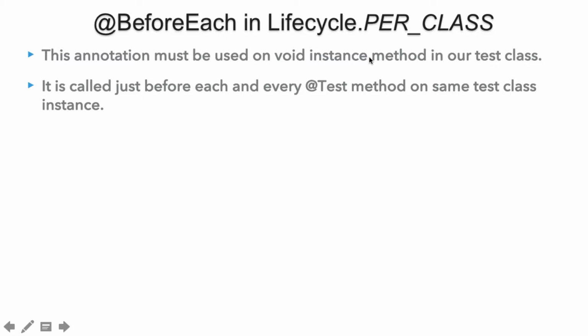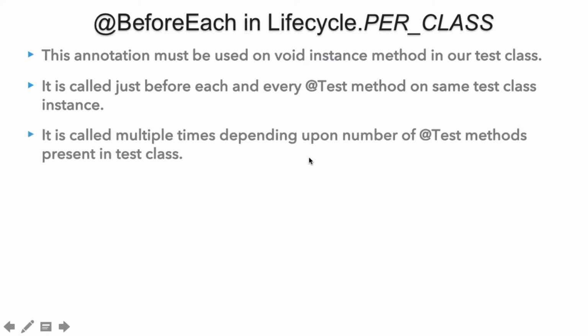And when we use lifecycle per method mode, @BeforeEach was called before each and every @Test method, but each time there was a different instance of test class. So this is the only difference when we use @BeforeEach in lifecycle per class mode, that there is only a single instance of test class on which the test cases are executed.